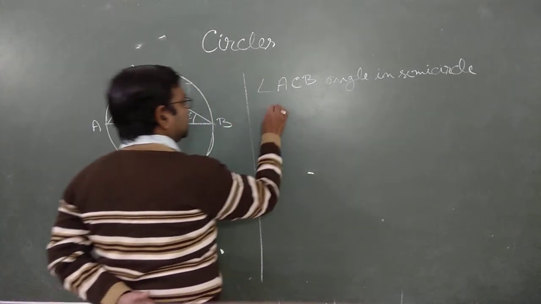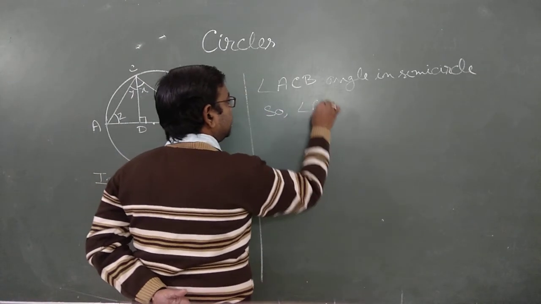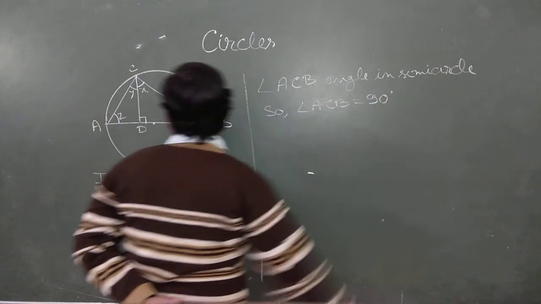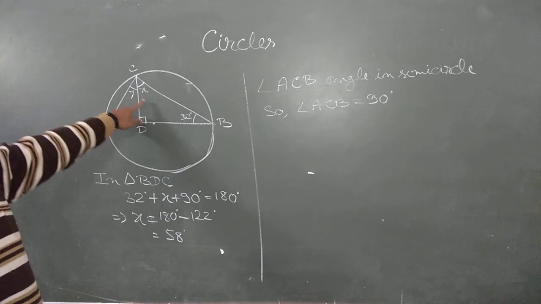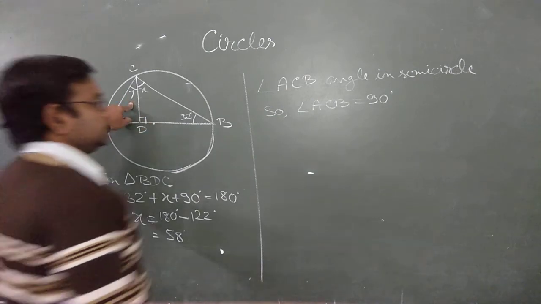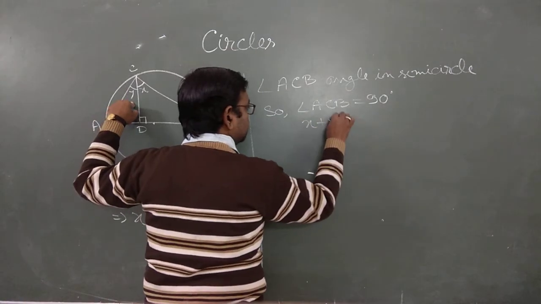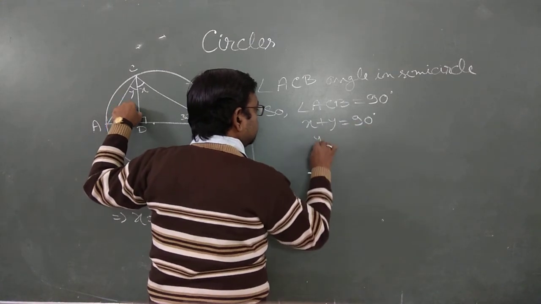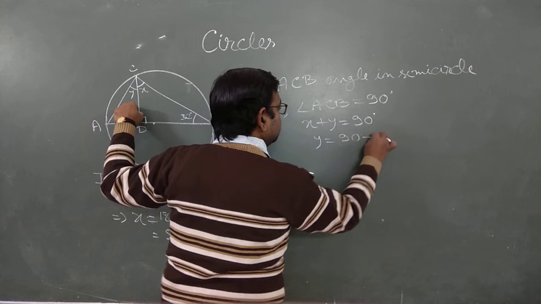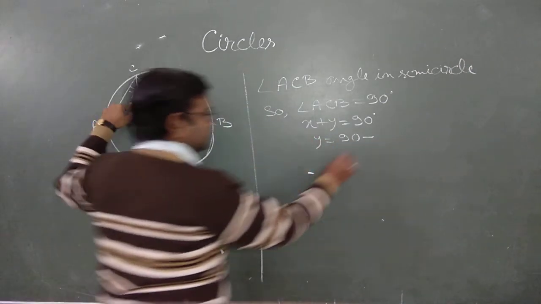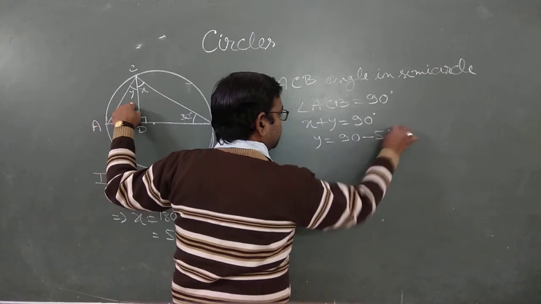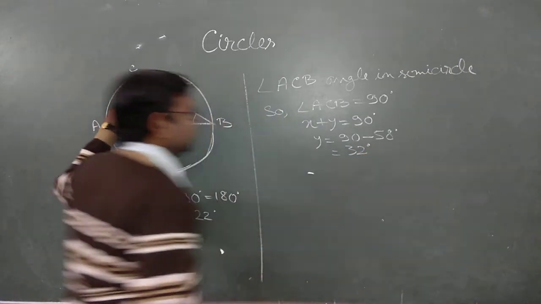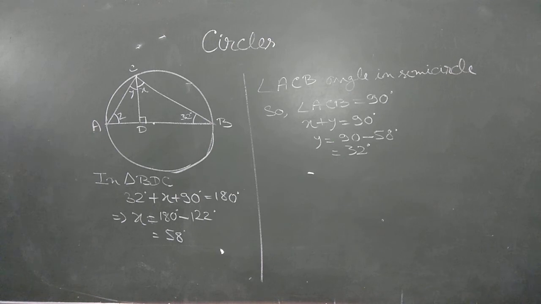So we can easily write angle ACB equals 90 degrees. But we know from the figure that angle ACB is x plus y. So x plus y equals 90 degrees. Y equals 90 minus the value of x, which is 58. So it's 32 degrees. Clear? Now we have the value of y.